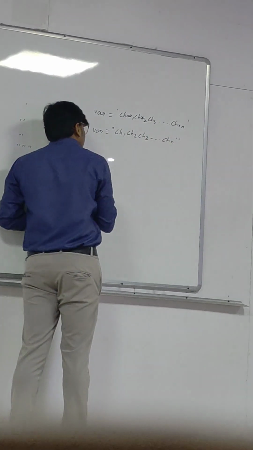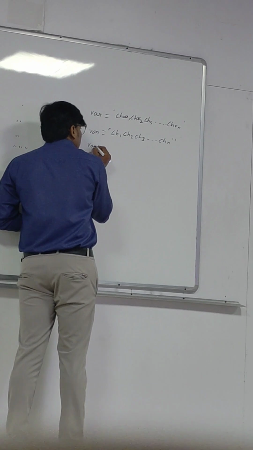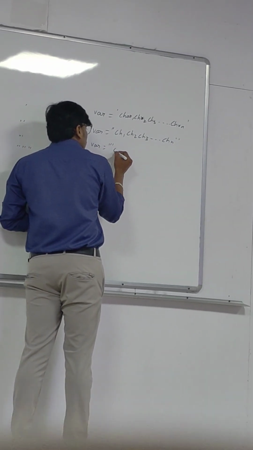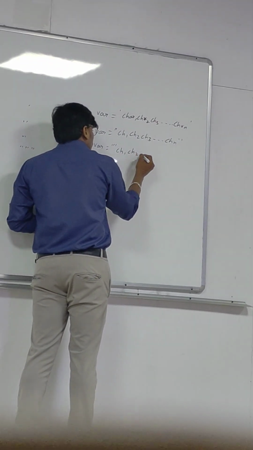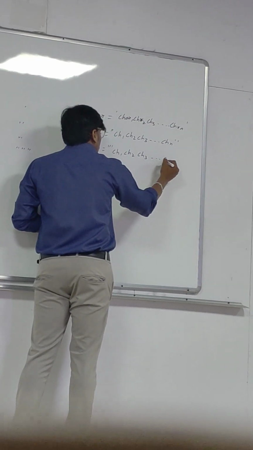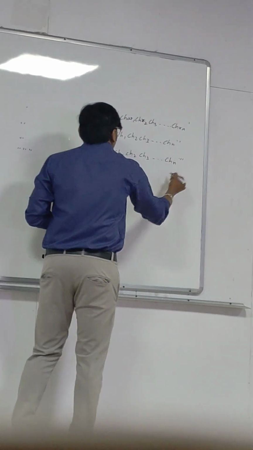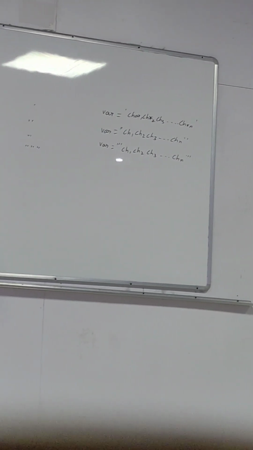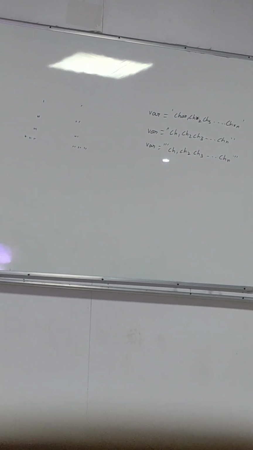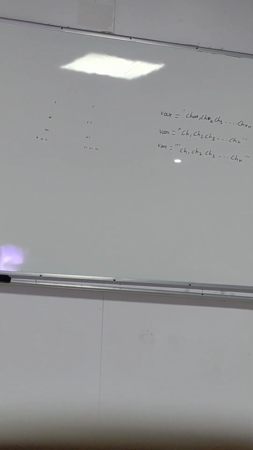Or variable name equals character 1, character 2, character 3, and so on, character n, within double quotes. You can make use of this syntax also. Or variable name equals, within triple quotes, character 1, character 2, character 3, and so on, character n. In this way you can mention n number of characters in a single string.